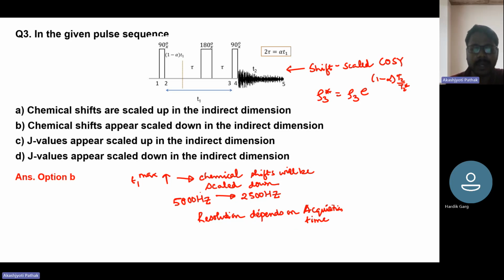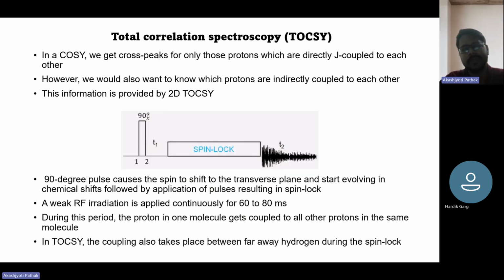So scaling down of the chemical shift increases the T1 max values, increasing the acquisition time, and hence the resolution will improve. However, the separation between the peaks will decrease. That is why it is also called a scale down shift COSY.